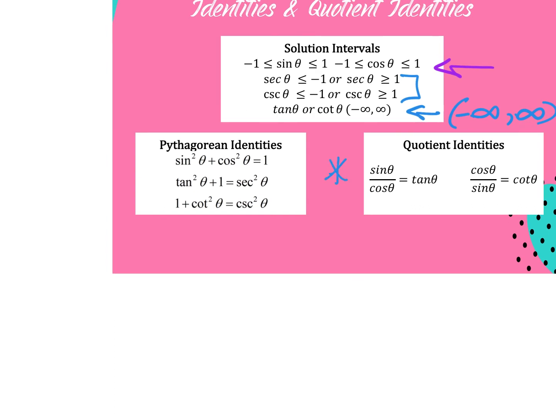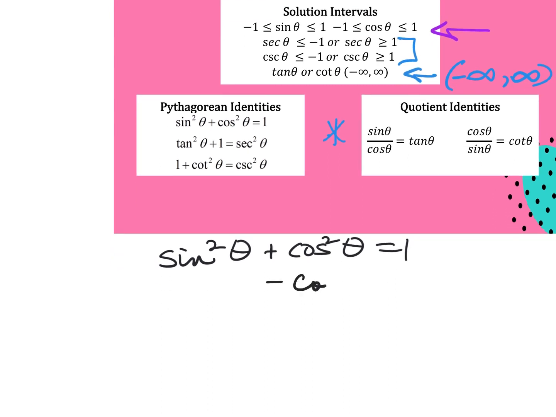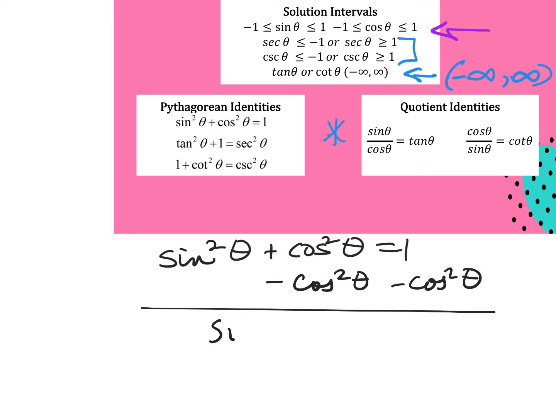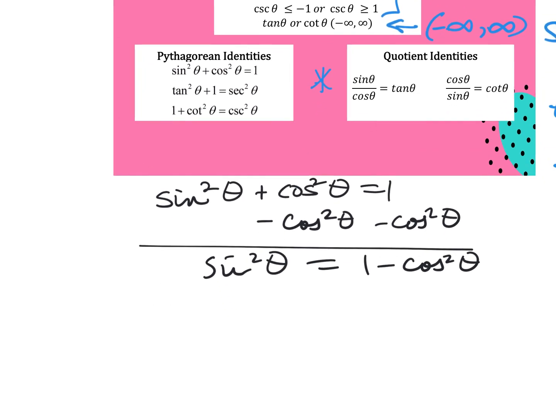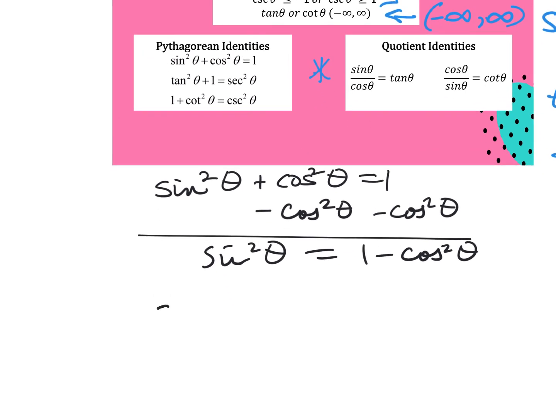So when you have a Pythagorean identity, be able to take, for example, the first one, and be able to solve it for sine. So for example, I could subtract cosine squared theta from both sides and solve it for sine squared theta. And it would be 1 minus cosine squared theta.